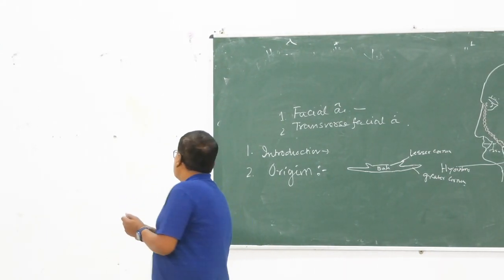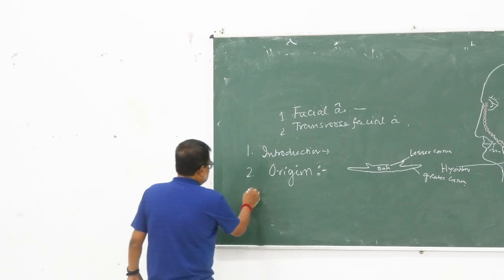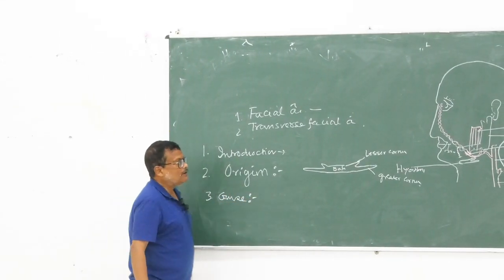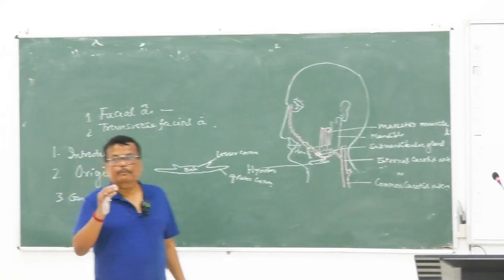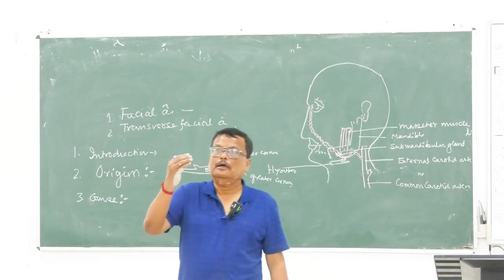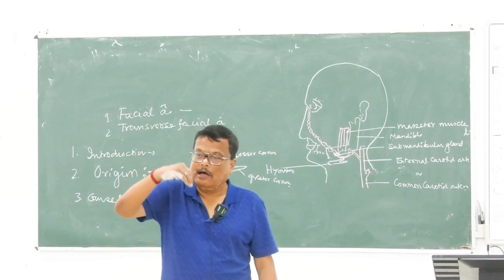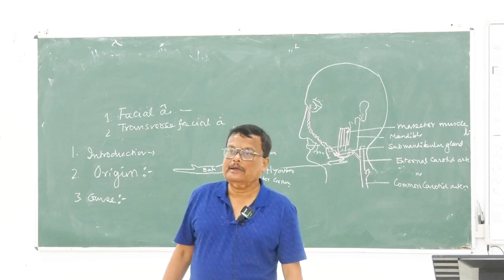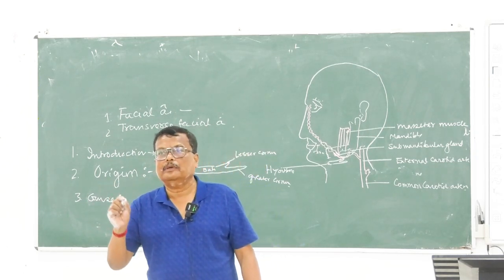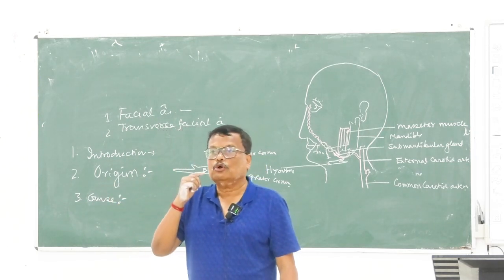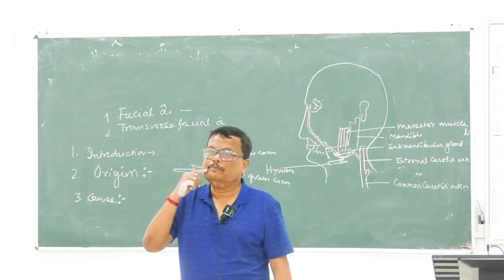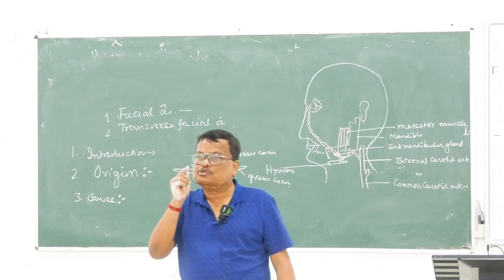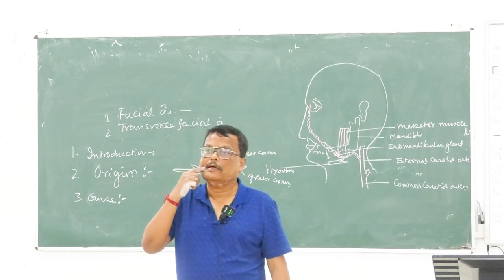This is the origin. Number 3, course. So course after its arisen, it ascends up, then passes medial side of the submandibular gland, then curves around the submandibular gland and hooks the lower border of the mandible at the anterior inferior angle of the masseter, then ascends as a tortuous nature towards the angle of the mouth and reaches about 1.2 centimeter away from the angle of the mouth.